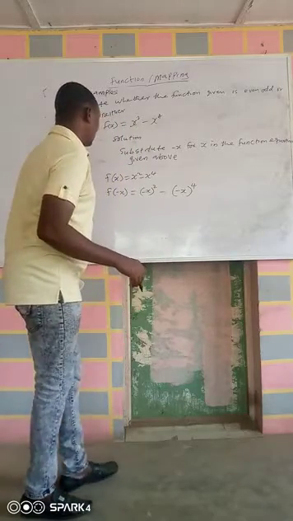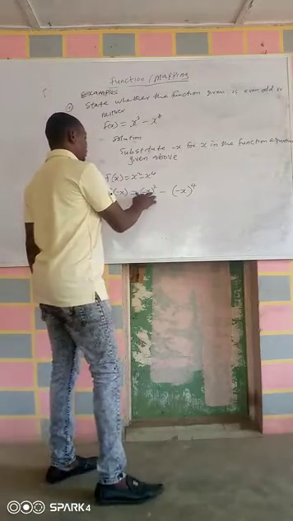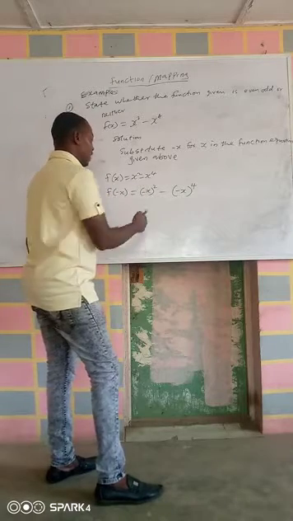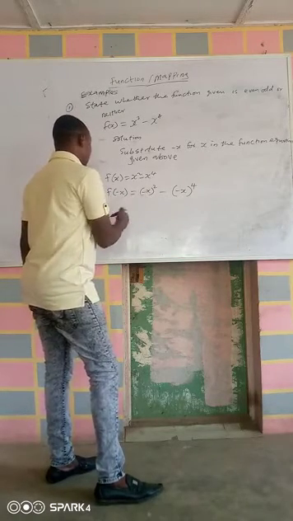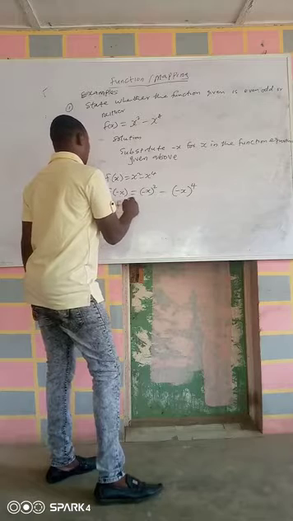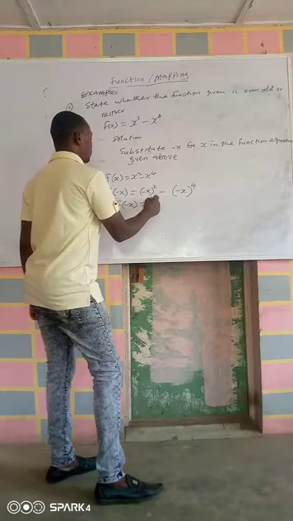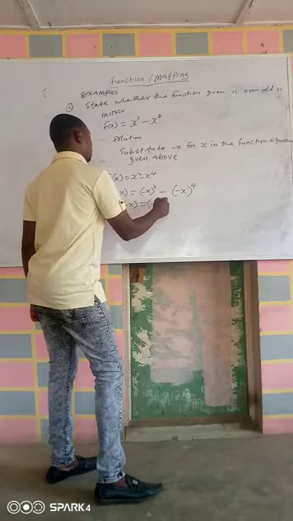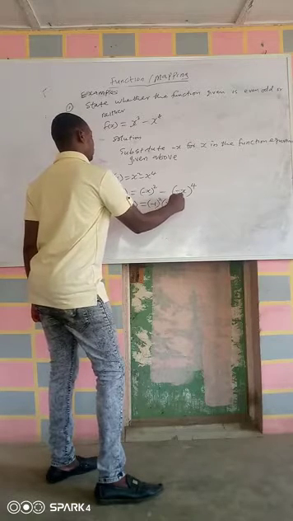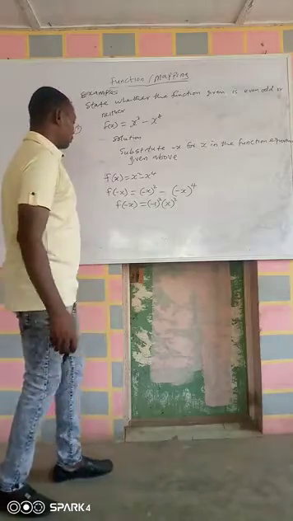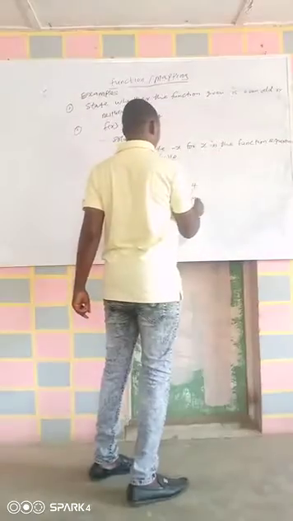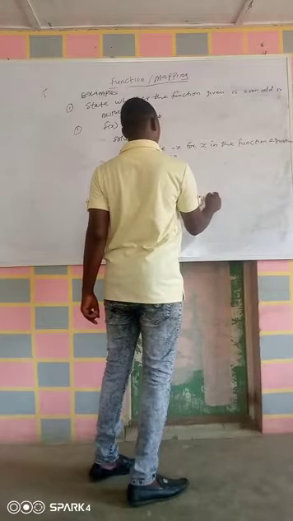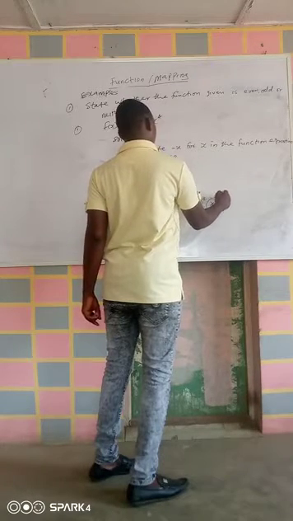Okay. So now we are having two things there. According to the law of indices, each of them will have the power distributed. So f of minus s equals, we factorize that minus 1, we put the square, minus 1 raised to power 4 into s raised to power 4.